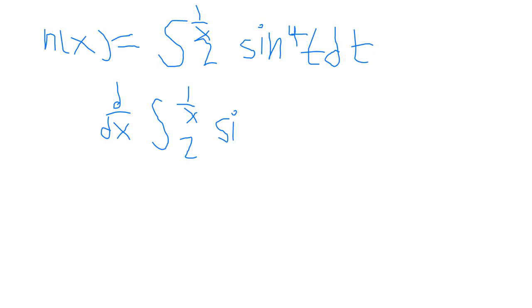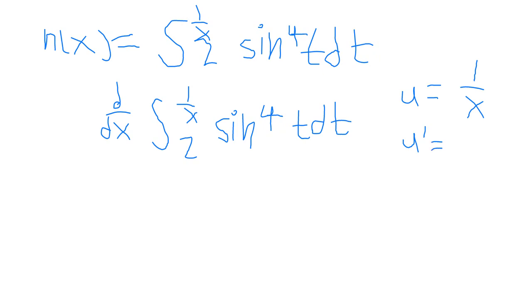That's what we're trying to find here. So then we could set u equal to 1 over x. We know it's continuous. And then from here we're going to have to find u prime eventually. This is x to the negative 1, and the derivative of this is negative 1 over x squared.